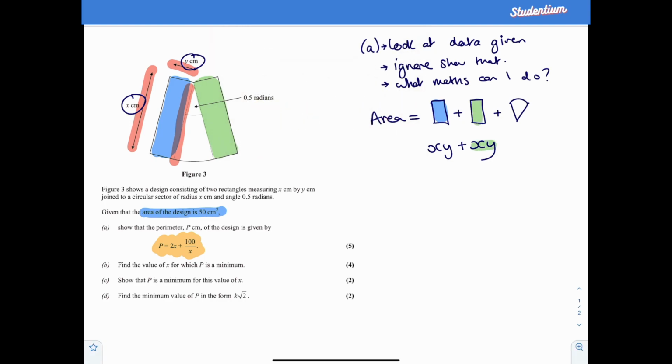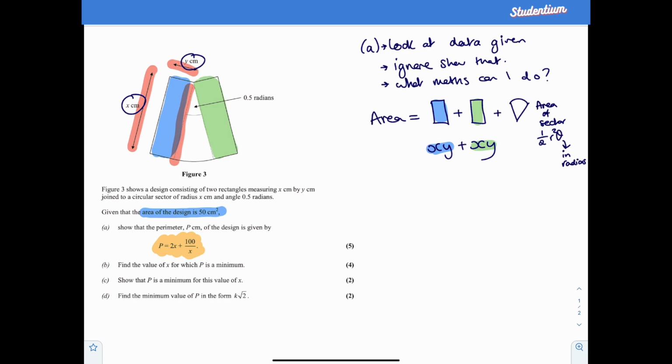Then we have a sector. With sectors, this is almost like a little subtopic that we need to know about. We need to know that the area of a sector is equal to a half r squared theta, where theta must be in radians. It is essential to use that formula.